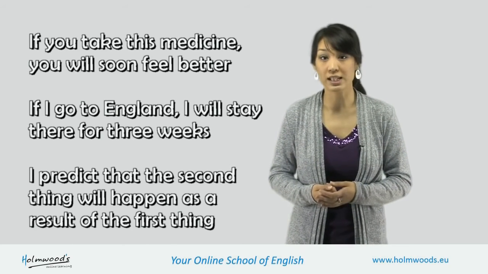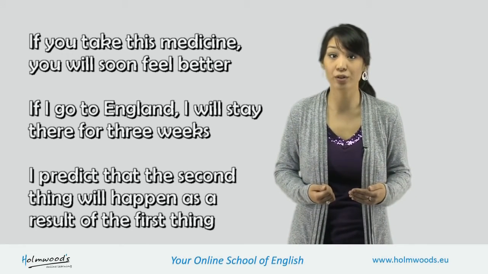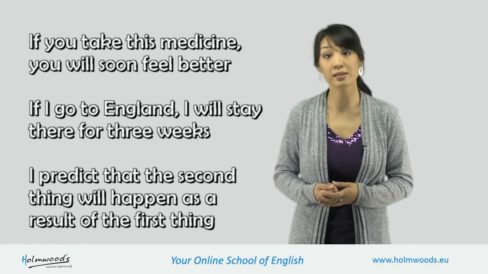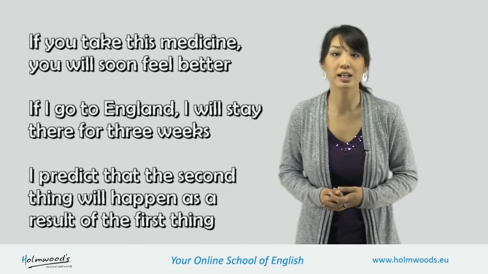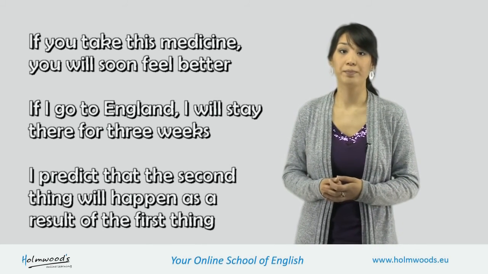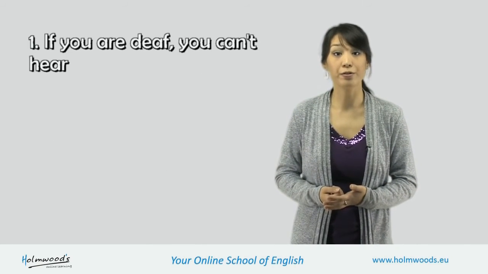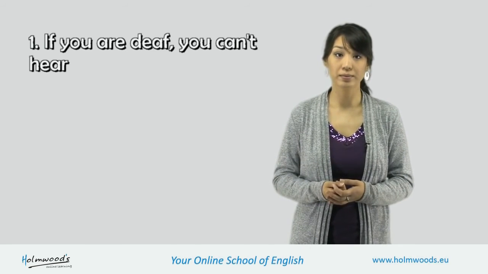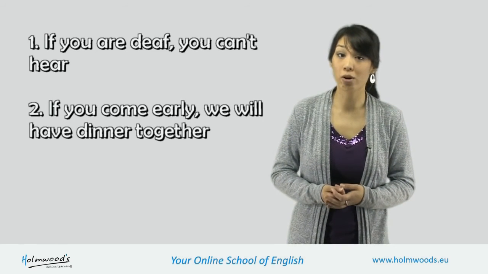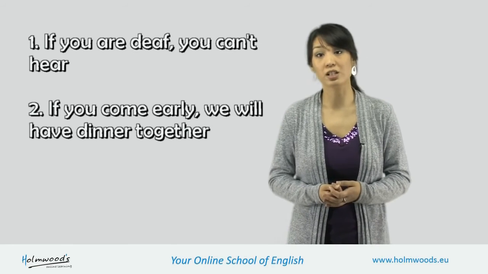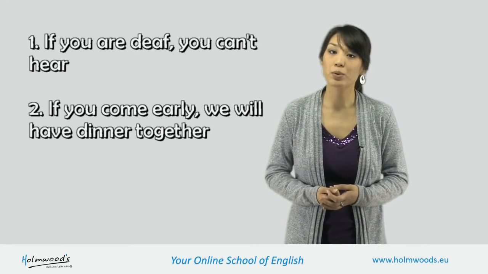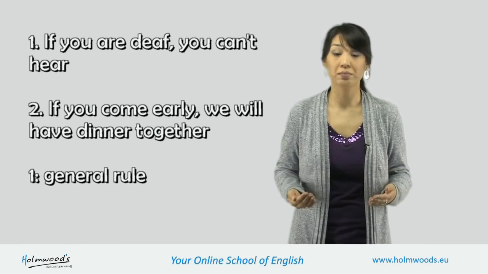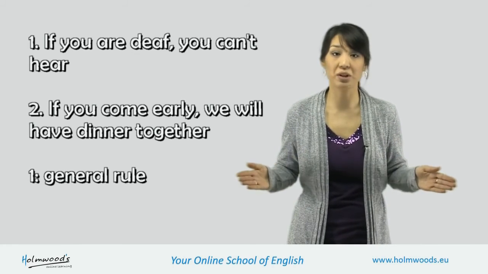Do you notice the difference with the first case of using if that I explained? Let's look at an example of each function and see what's different. If you are deaf, you can't hear. If you come early, we will have dinner together. The first example is a general rule. Deaf people don't hear.